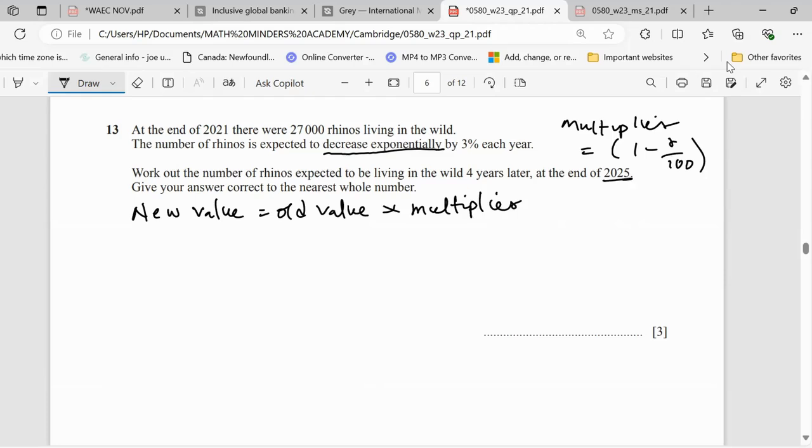So this new value, let's call it S. Our old value is 27,000 times our multiplier, which is 1 minus 3 over 100, over a period of 4 years, because there is going to be n here.